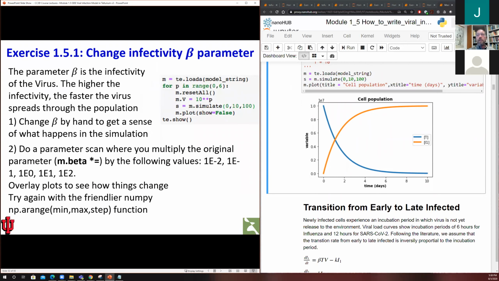Okay, so now we have a little exercise, which is actually the one we already did, which says change the value of beta. And we already did a parameter scan where we changed the value of beta. But let's go back and do it now here. So I'm going to take the code that I kept for my parameter scan. And I'm going to paste it in here.